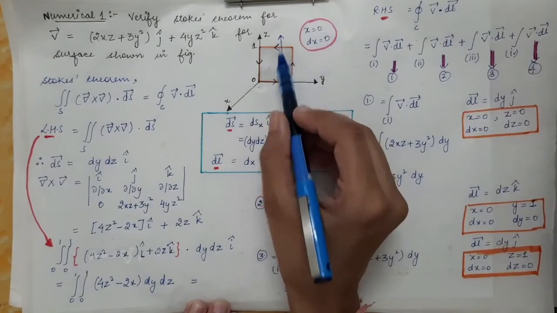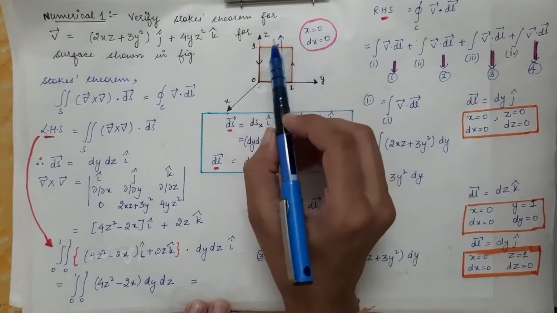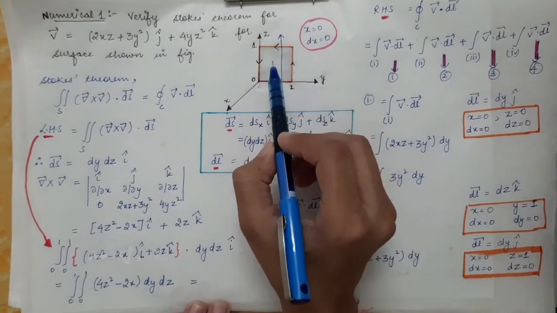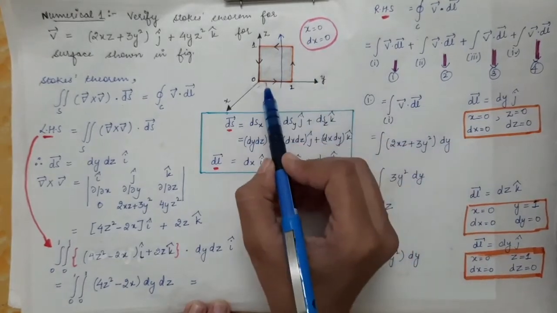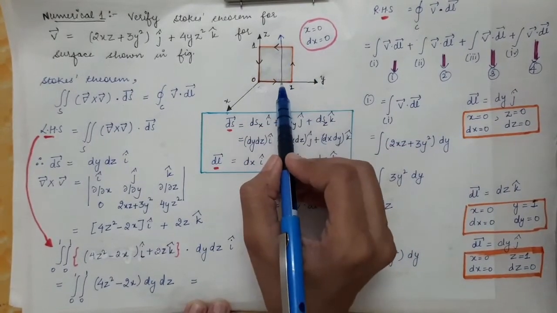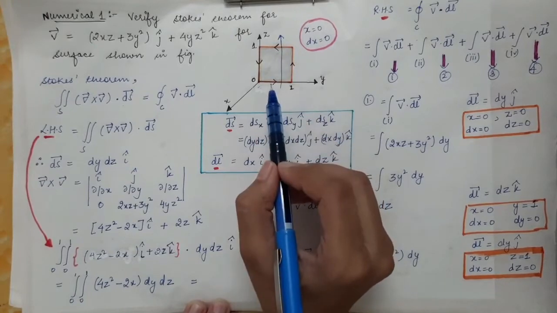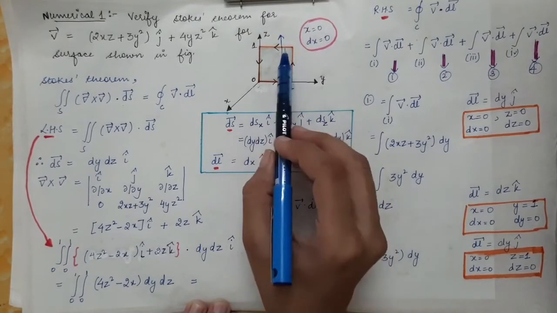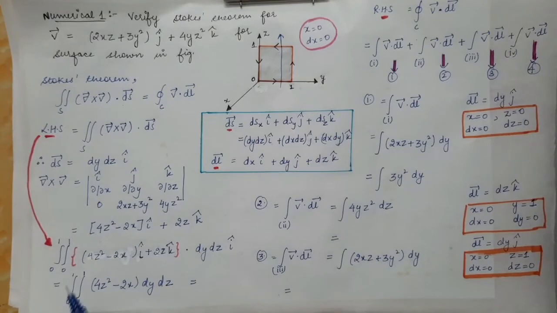You can draw this vertical line anywhere parallel to the z-axis, and in all those cases z will vary from 0 to 1. So z will also vary from 0 to 1, and y will also vary from 0 to 1.